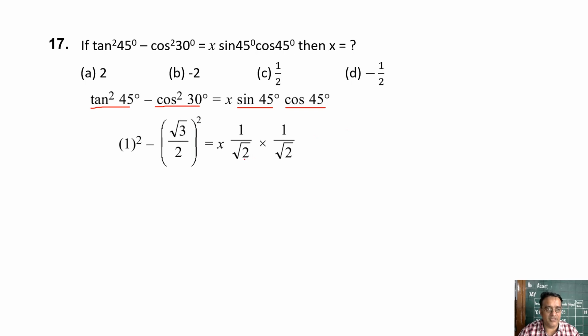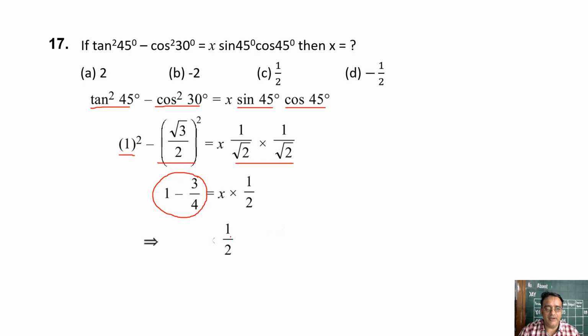चलो सब सब्सटीट्यूट कर दिए. So this will become 1, this will become 3 by 4, and this will become 1 by 2. Right? And what is 1 minus 3 by 4? 1 by 4.